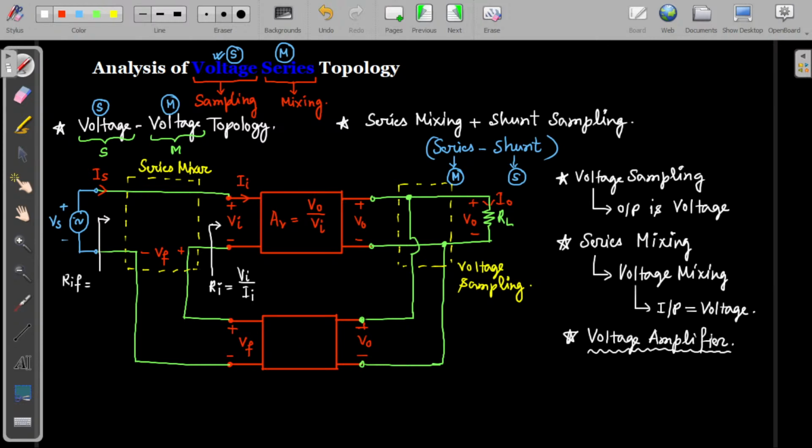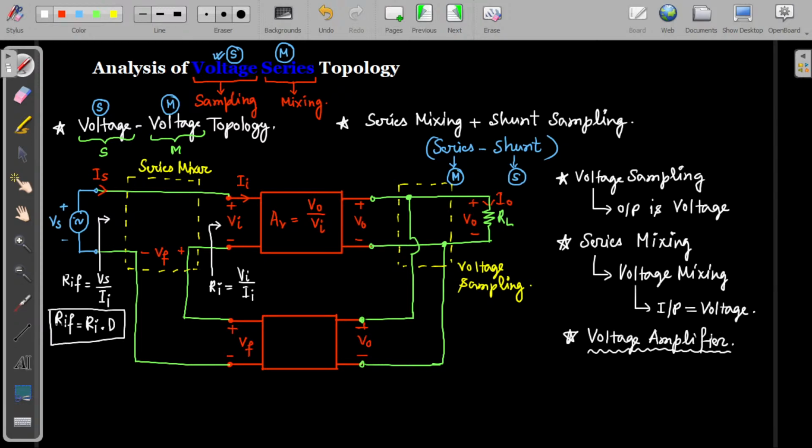So RIF is equal to Vs divided by Ii. If you derive, you can see that it will be this input impedance into D. D क्या होगा? Desensitivity. We have already discussed that in the previous class.